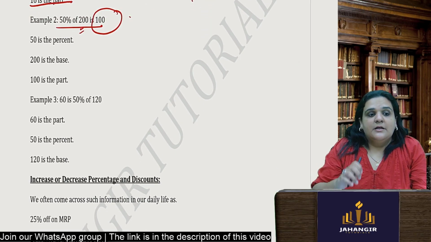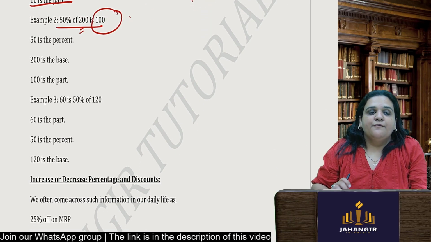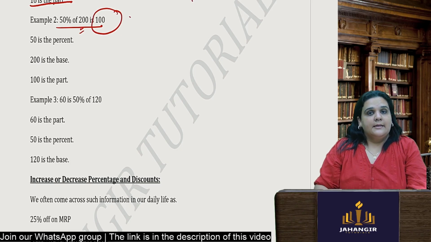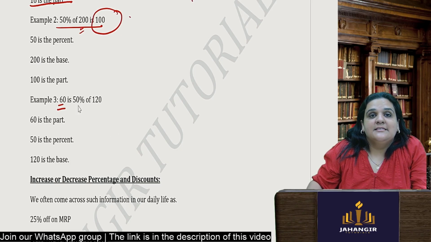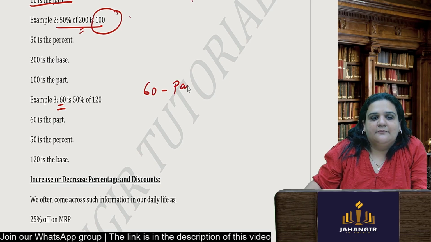Similarly, there is one more sum. 60 is 50% of 120. So basically now this 60 becomes the part, of the base, which is 120.